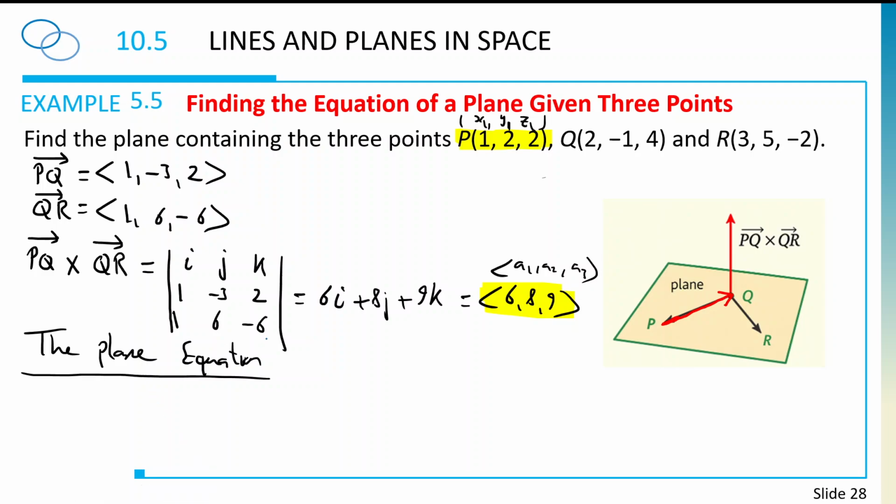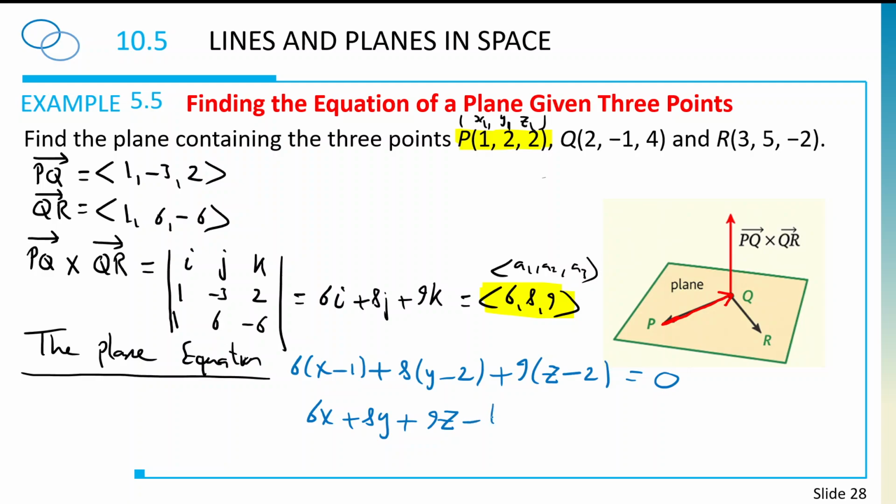We start always with the A. So this is 6 times x minus 1 plus 8 times y minus 2 plus 9 times z minus the third component, 2, equals 0. If you expand and simplify, you'll get 6x plus 8y plus 9z minus 40 equals 0. And this is the plane equation.